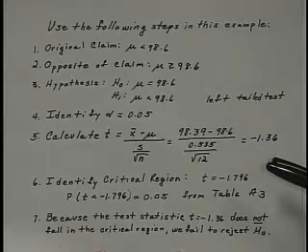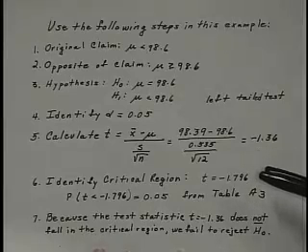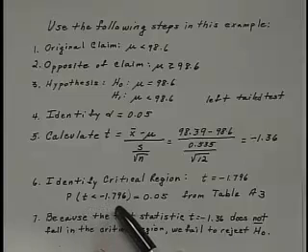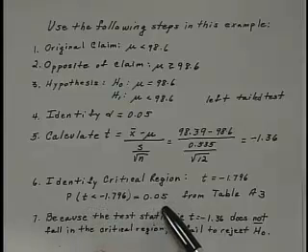Next, we need to identify the critical region. We'll find that the t-value is equal to a negative 1.796 from table A3, where the probability of t being less than negative 1.796 is 0.05. This is what the t-table looks like.